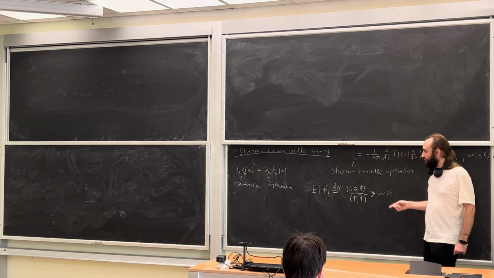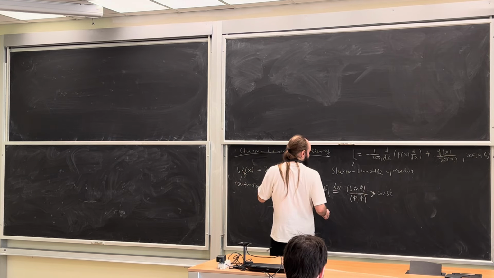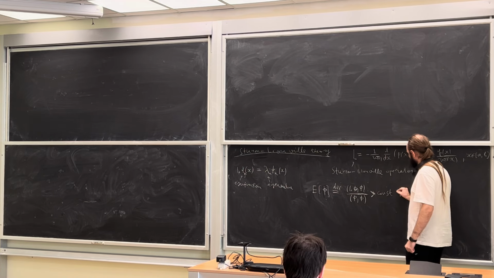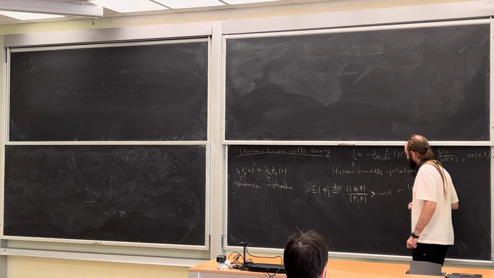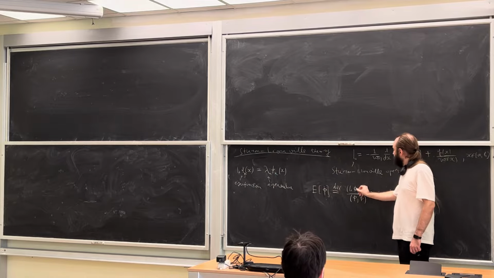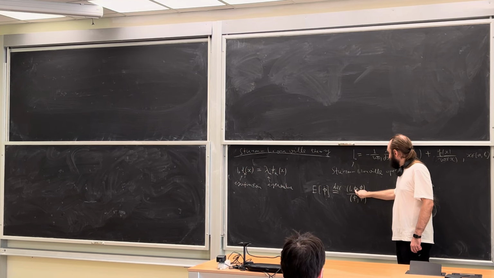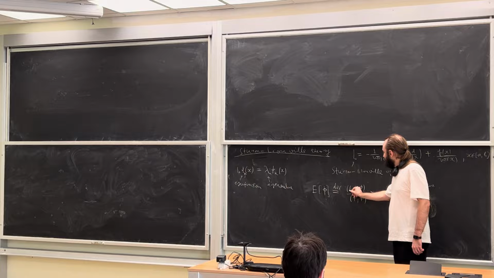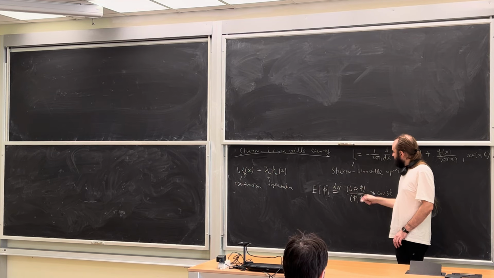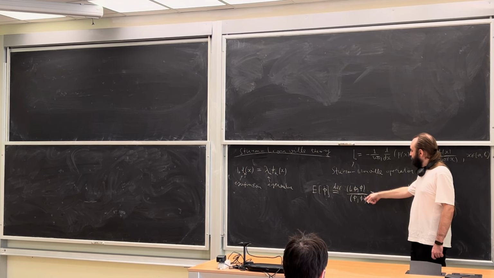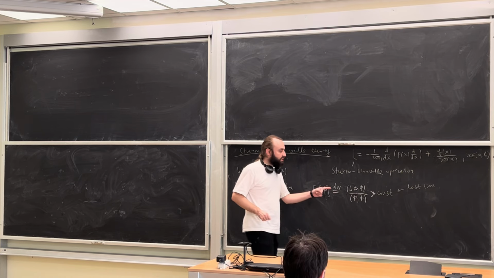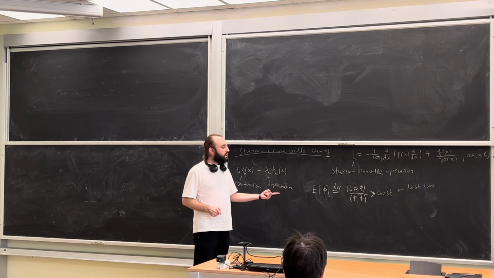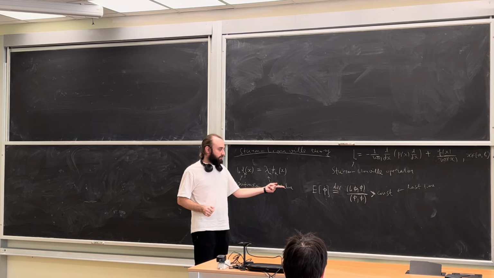So it's bounded from below. This follows from the variation on phi. And since it is bounded from below, you can try to find the minimum of this functional.